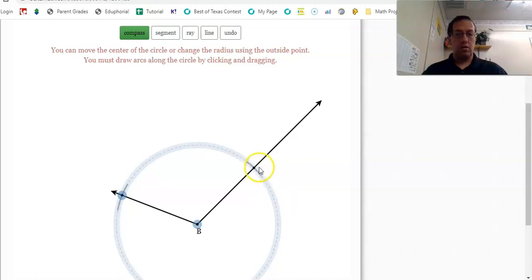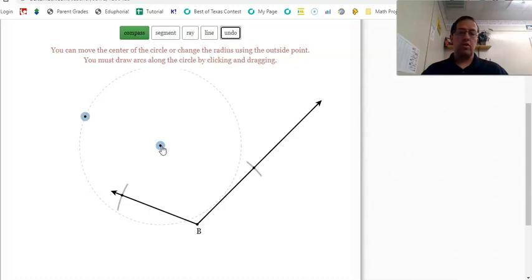It's really all we need. If you want to make the arc go all the way around, that's fine. You're allowed to do that. It's okay. But all we really need is these two intersections.